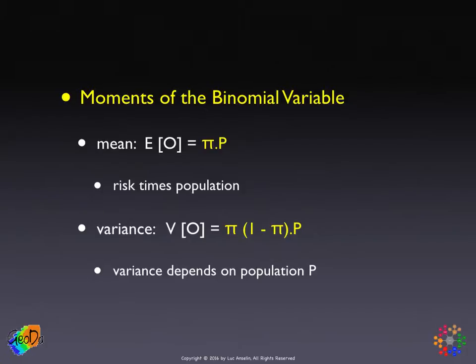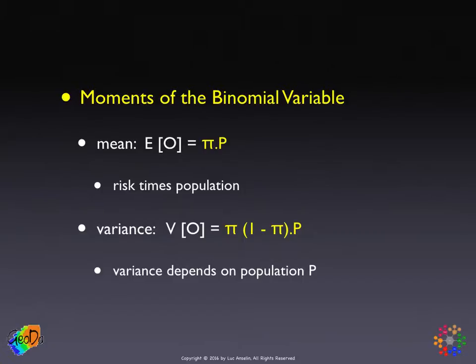So you count how many events happen as a binomial process with a probability of pi. How many can you expect for a given population p? That would be pi times p. So the expected number of events is the probability of the event times the size of the sample, so to speak. In our case, the sample is the population.